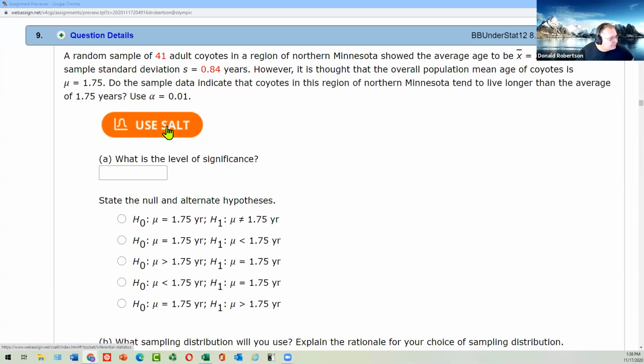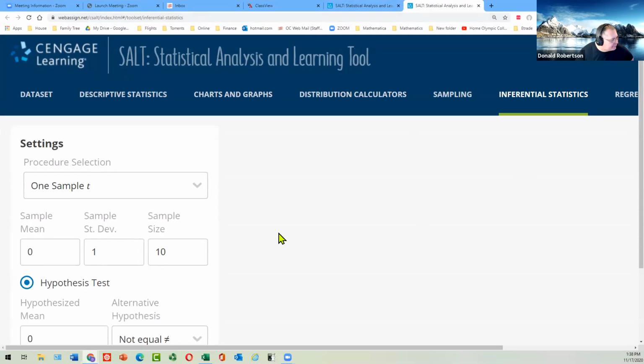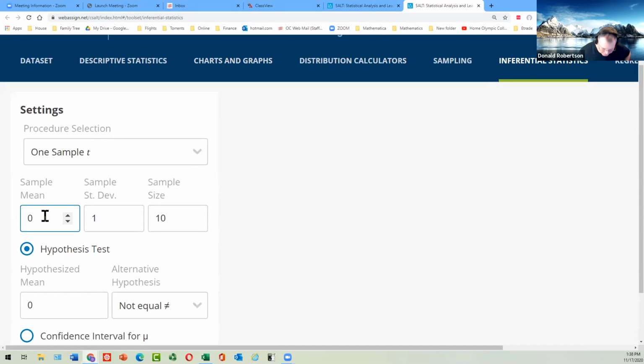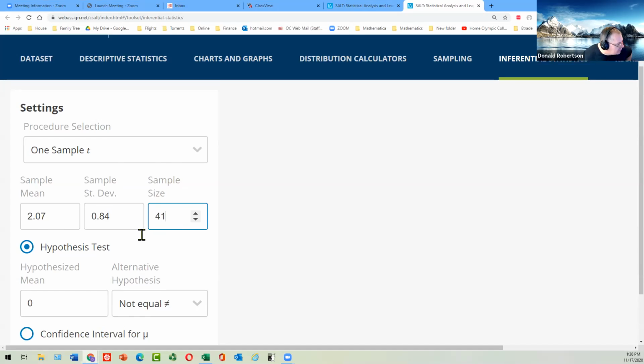And we'll use Sol. And the mean is 2.07. The standard deviation was 0.84. And the sample size was 41.